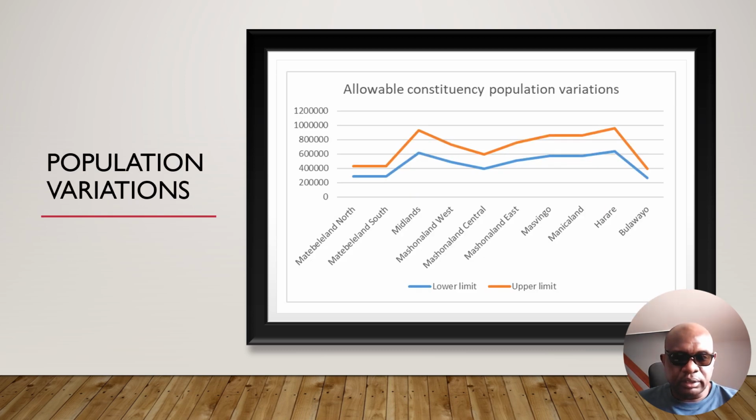Right. Here, these are population variances, the differences between the lower limits and the upper limits. This is not something that we can use importantly, but what I can just say is that the bigger the gap between the two lines shows that there is a misnomer somehow, because we have used the same percentage calculation, so the lines must differ with the same gap.